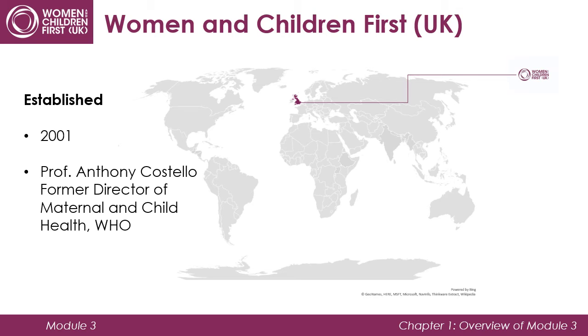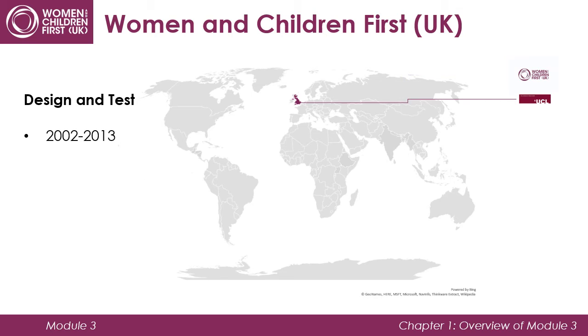Women and Children First was established in 2001 by Professor Anthony Costello, former Director of Maternal and Child Health at the World Health Organization. Between 2000 and 2013, Women and Children First focused on designing and testing the PLA-MNH approach in collaboration with the UCL Institute for Global Health.